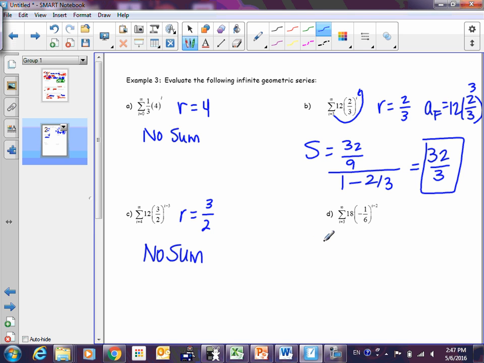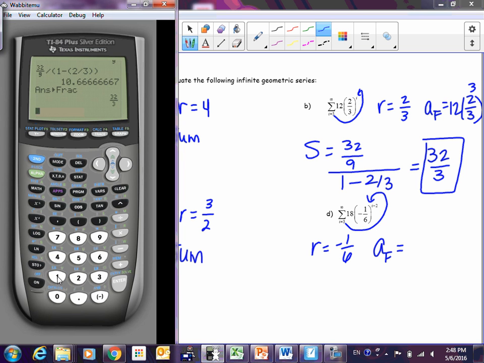All right, what about D? In this case, r is -1/6, and that's okay that it's negative. The fact that it's a small fraction that's less than 1, we're good to go. We do need to find the first term, though. And you always find that by taking this number that's down here and plugging it in. 18.